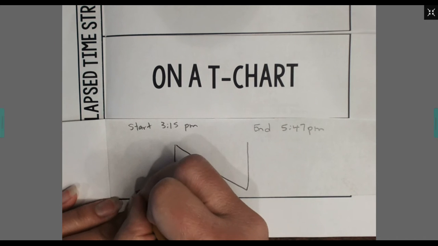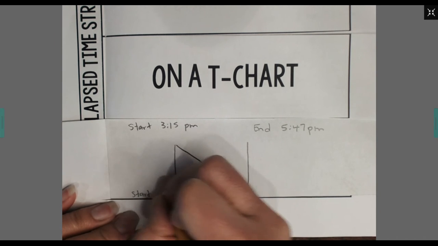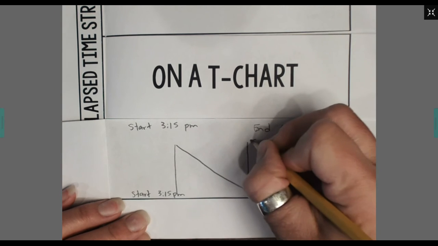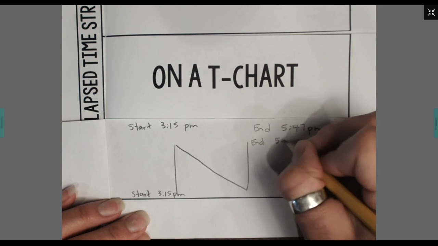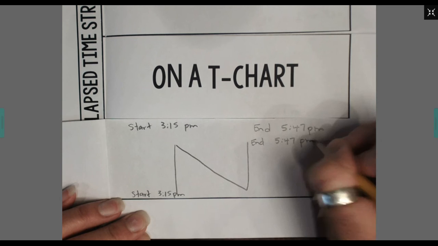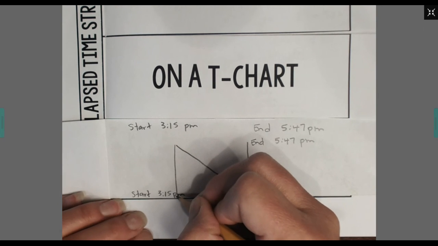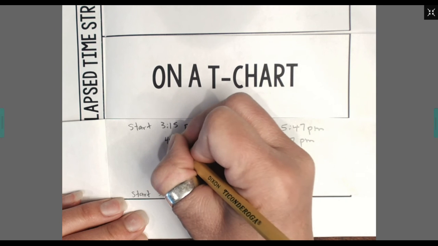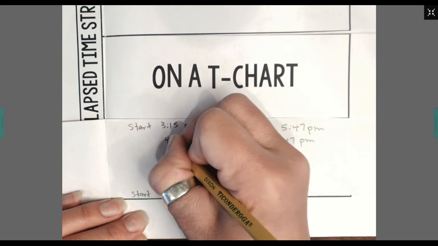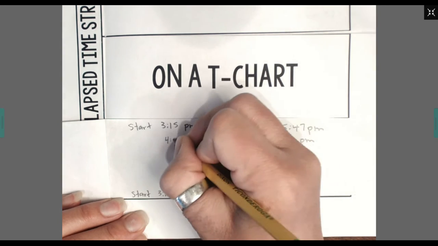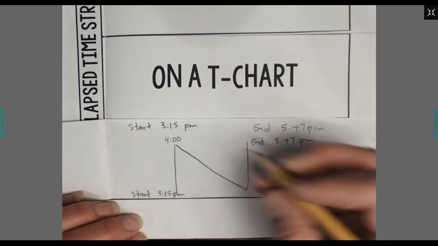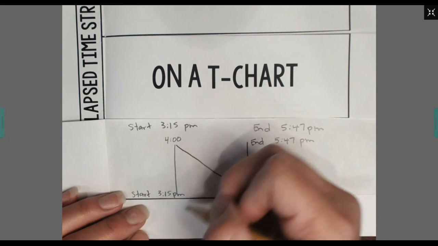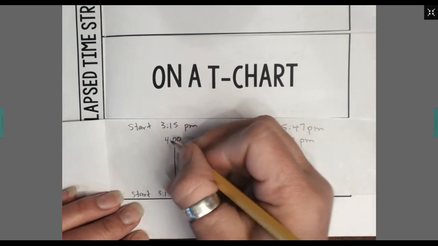Our start down here, 3:15 p.m. And we have our end over here, 5:47 p.m. And we're going to go to our next hour. So we go to our next hour. How much time has elapsed? That's 45 minutes.